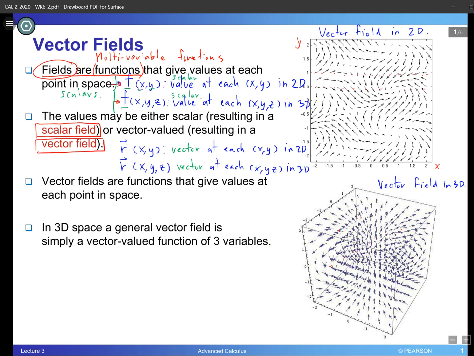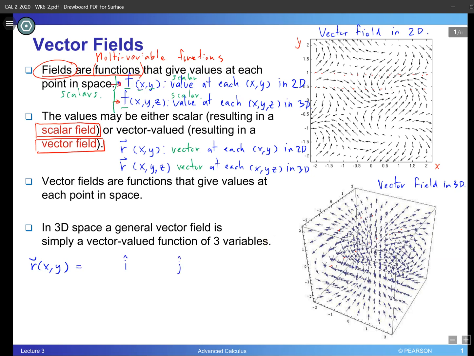Now let's take a look at the expression of the vector field, how it's going to look in terms of components. So we are going to write this again, R of x, y. This is going to be the vector that we put into each location. And of course, it's a vector, so it must have components. We are working in 2D, so it's going to have i and j components.